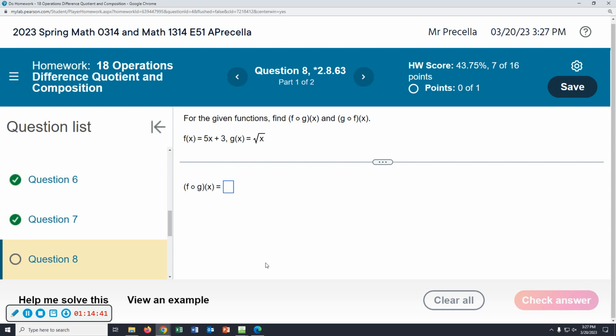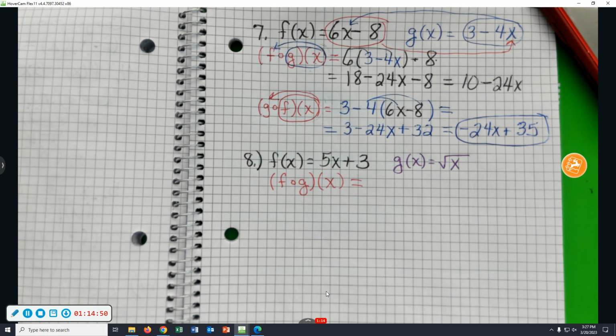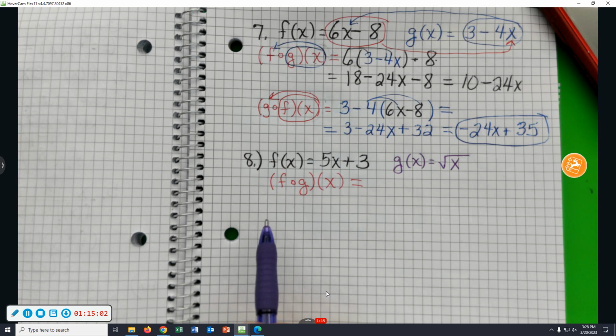If we're finding f of g of x, or f composed with g of x, what are we plugging in? We're plugging blank into blank. Which one are we plugging?